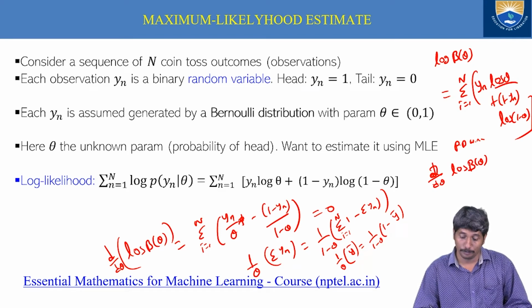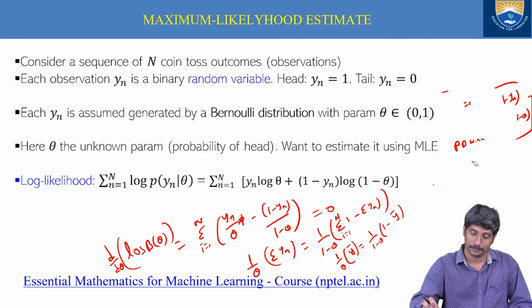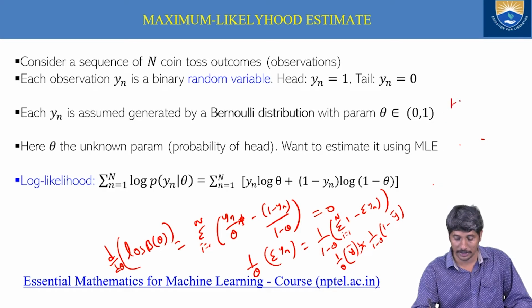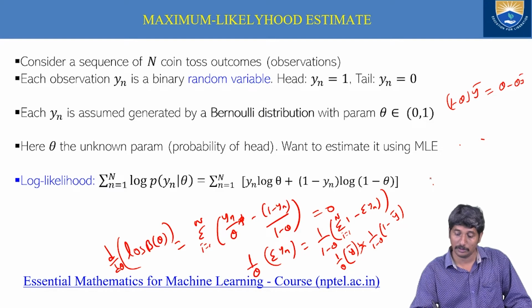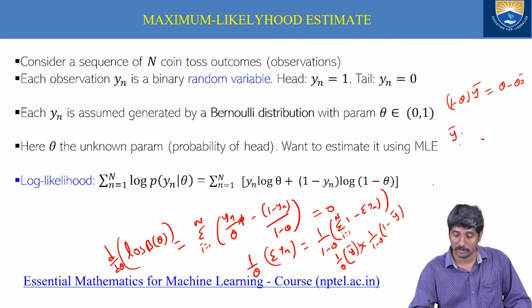Now by doing cross multiplication, we get 1 minus theta into y bar is equal to theta minus theta y bar. That means y bar minus theta y bar is equal to theta minus theta y bar. Theta y bar cancels. So what is theta? Theta is equal to y bar.